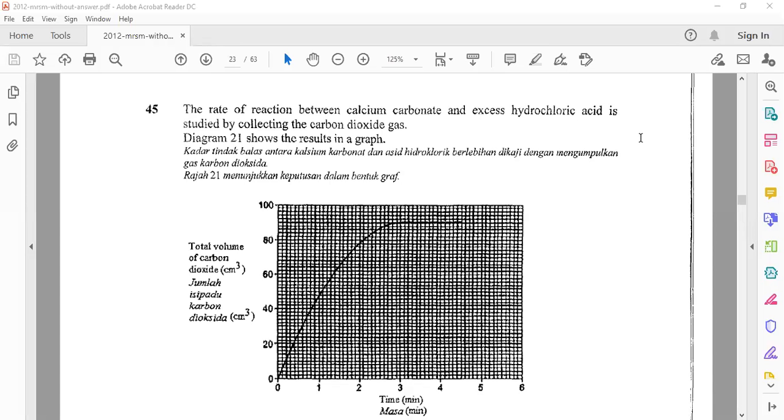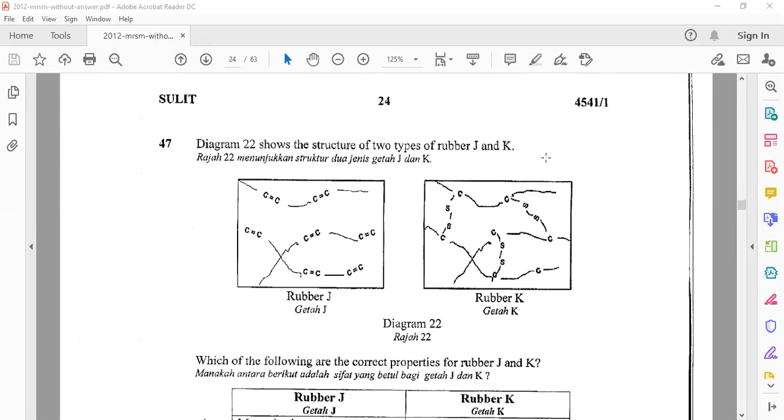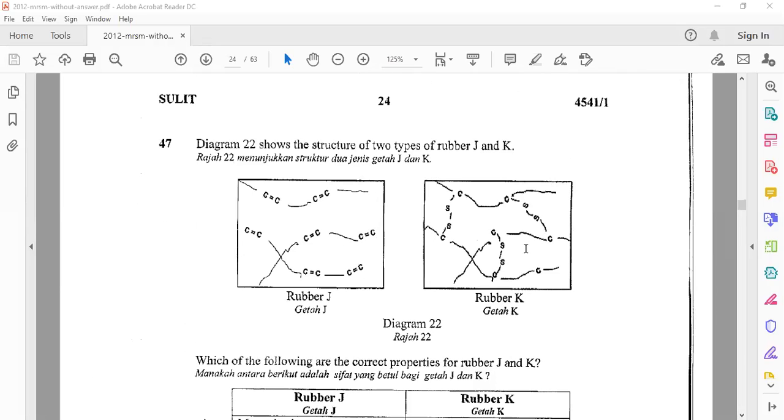And now we are going to move on to our next question, which is question 47. It shows a diagram of rubber J and K. What type of rubber is J, and what type is K? Take note of this part here.